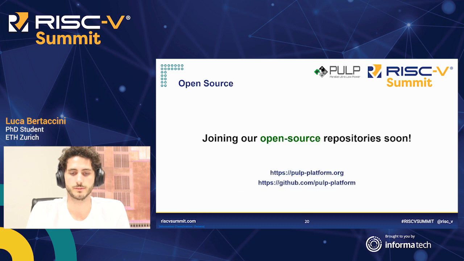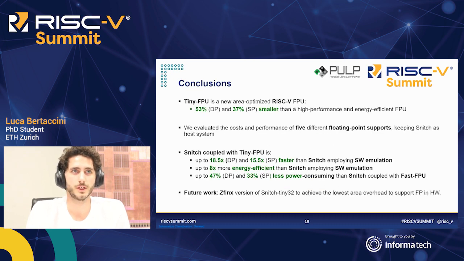So to conclude, we presented the Tiny FPU, a new area optimized RISC-V FPU. It's 53% and 37% smaller than a high performance and energy efficient FPU, respectively for double and single precision. And then we evaluated the performance of different floating point supports, keeping Snitch as a host system.